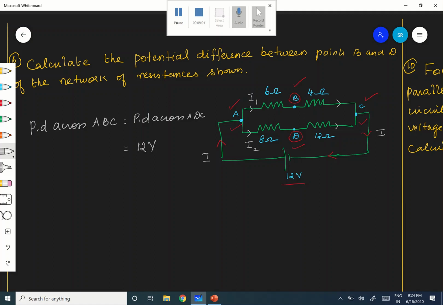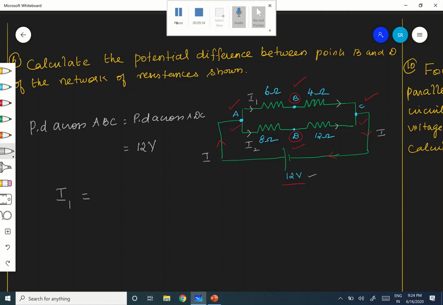What is our goal here? We have to find the potential difference between B and D. For that, I am finding I1 first. I1 is V by R. The potential across branch ABC is 12 volt.